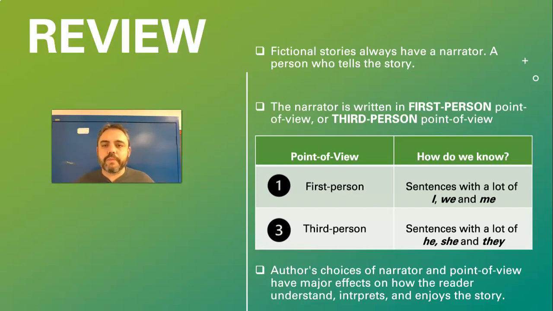In third person books, we are going to experience all of the tension from all of the characters, and we kind of are like a spectator at a sporting event. We get to watch it all unfold, and so we understand the story differently. We enjoy the story a little bit differently, and so authors need to make those choices based on what they want you to do, and based on the message they want to convey to you.